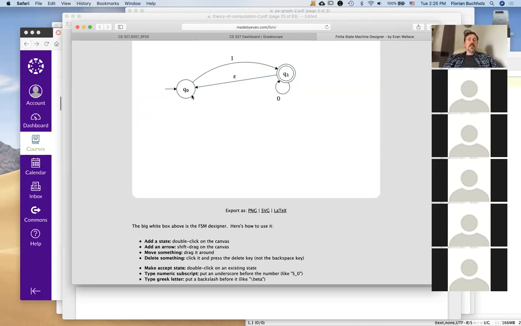If we want to delete stuff, we should select it, and then hit the delete key, and then everything goes away. Not the backspace, the actual delete. And that again is complicated on my MacBook, for example. I actually have to push the function key and the delete key to get rid of that.